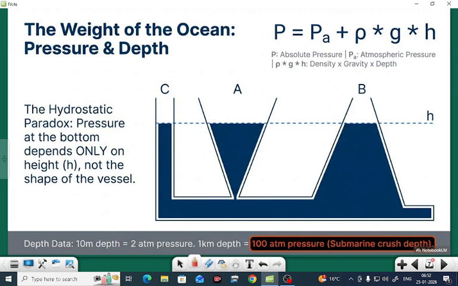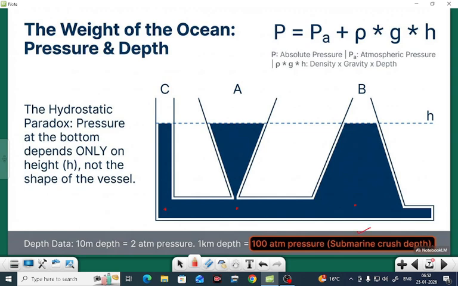You see, the pressure at this point, or this point, or this point is the same. Depth data: 10 meter depth, 2 atm pressure; 1 kilometer depth, 100 atm pressure; submarine crash depth. This can be found out.